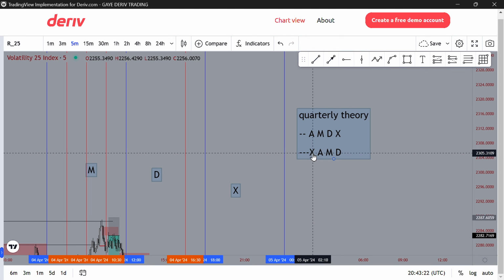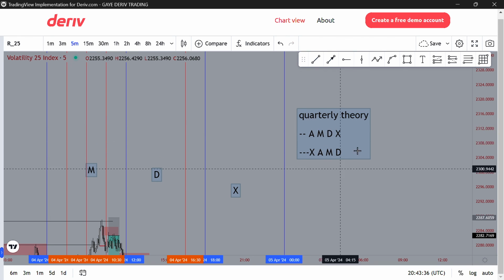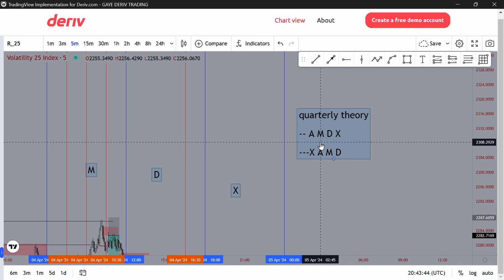The same thing for the second part, XAMD. If the first quarter is a continuation or a reversal, then we expect the second quarter to be an accumulation. In a scenario where the second quarter does not accumulate, but also gives a continuation, the quarterly theory is invalid. You only want to apply the quarterly theory when everything is in line.